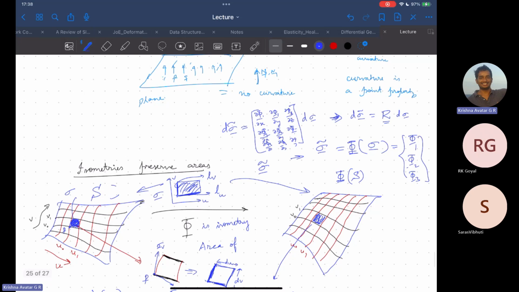Now for the isometry to happen, we want the determinant of R to always be 1.